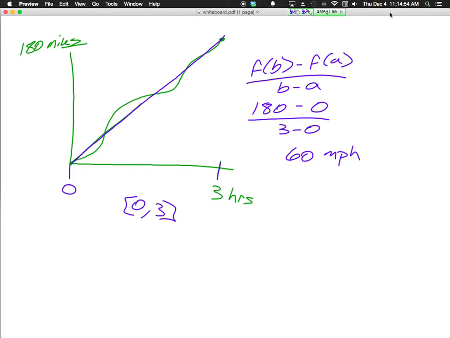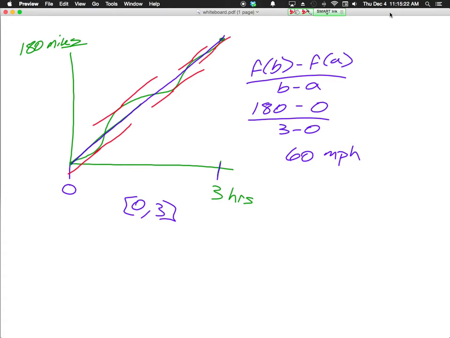Now, what does the mean value theorem guarantee? There's at least one point in there where the tangent line is parallel. Looks like somewhere in here there's one, and one here, one there, and one there.